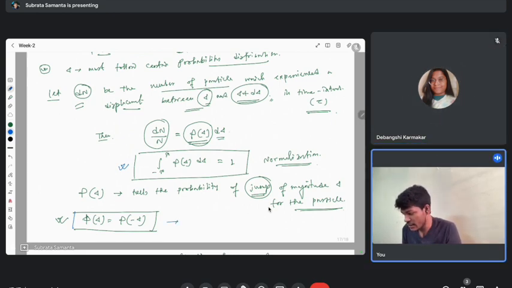This means that a jump of magnitude delta has no preferential direction. Remember, we are considering only one dimension.